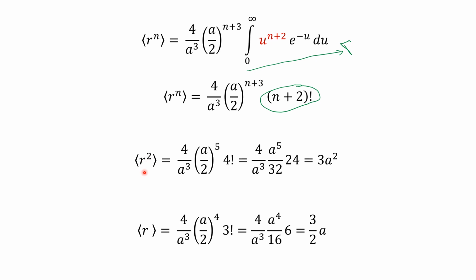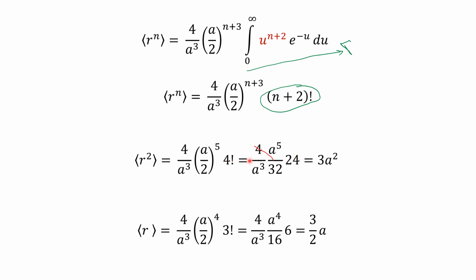We have to find r squared, that is here n is equal to 2. So when n equals 2, this will become a over 2 whole power 5, and 2 plus 2 gives 4 factorial. So the numerator is a power 5. In the denominator, 2 power 5 is 32 and 4 factorial is 24.